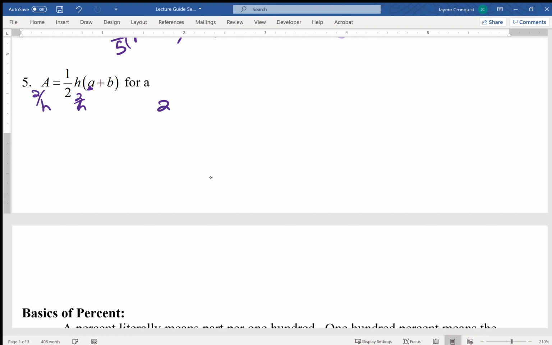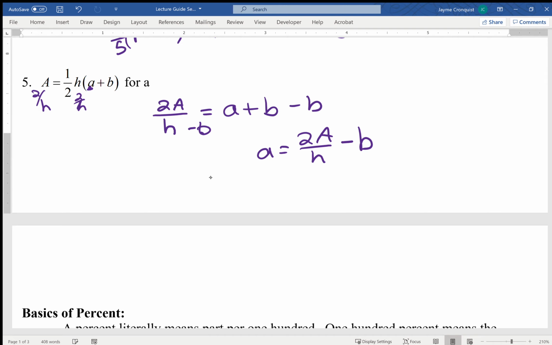So what I have is 2a over h equals a plus b. So now I just have to subtract the b. So I have little a equals 2a over h minus b. It is important that the b be separate from the fraction portion because it's not part of the fraction. H is not dividing b. So you need to make sure that it looks like this.